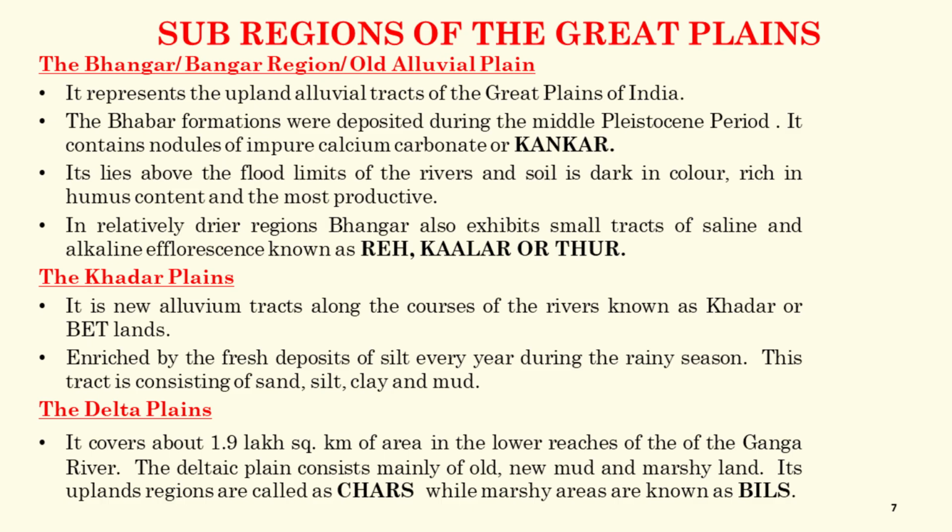It lies above the flood limits of the river and the soil is dark in color, rich in humus content and highly productive. In relatively drier regions, Bhangar also exhibits small tracts of saline and alkaline efflorescence known as Reh, Kalar or Thur regionally.